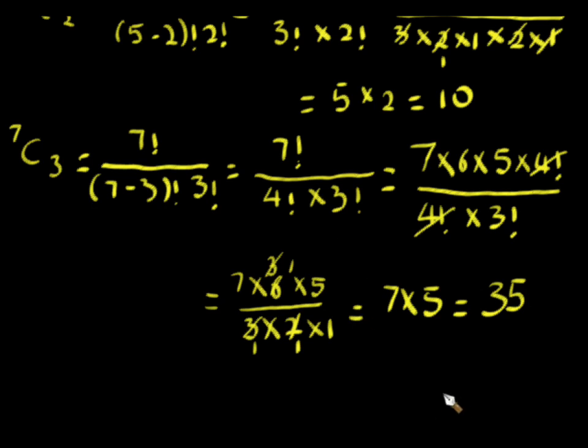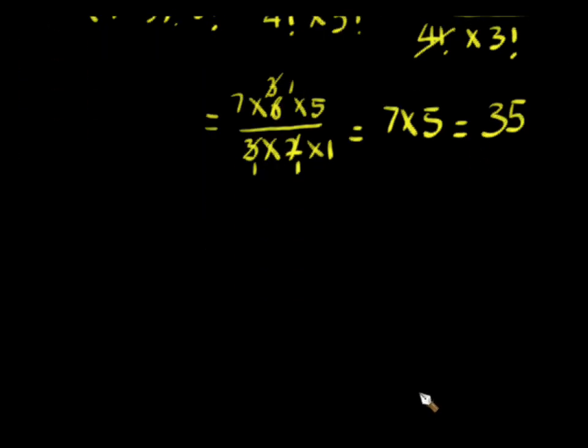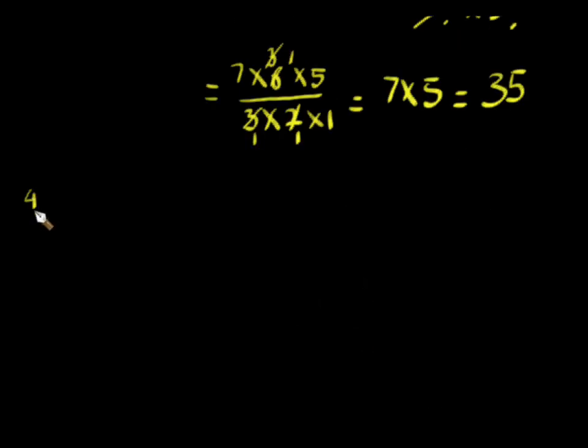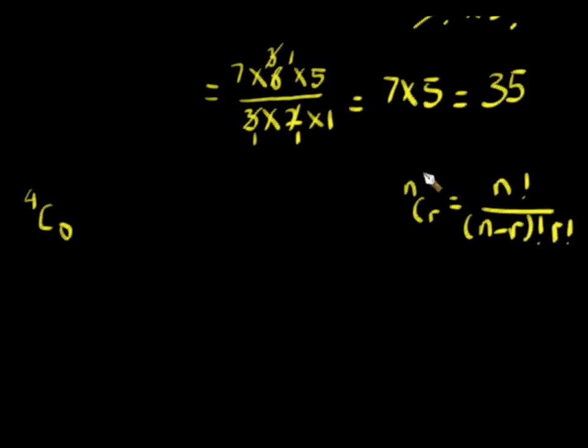Now let's play with 1 or 2 more examples, then we call it a day. Now 4 combination 0. How do we handle this? So comparing with our general formula, which says n combination r is equal to n factorial divided by n minus r factorial multiplied by r factorial.